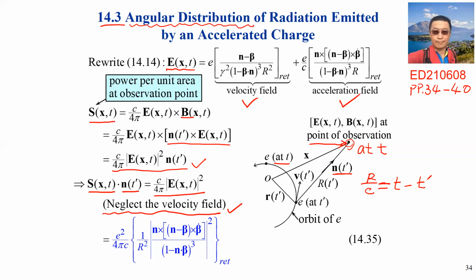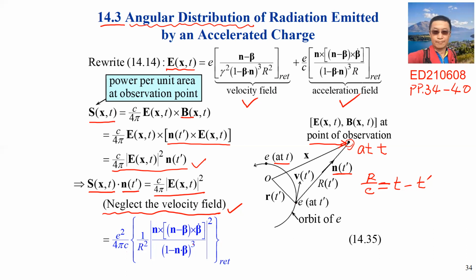Here, because of E squared, we have E squared from here, C over 4 pi, so it's C over 4 pi times E squared, and here is 1 over R squared.